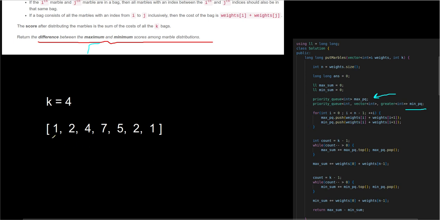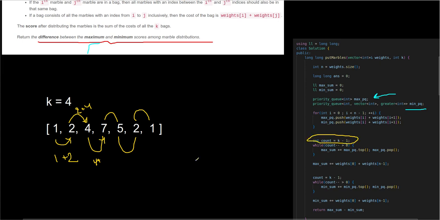We loop over the elements in the array and push all the neighbor sums: 1 plus 2, 2 plus 4, 4 plus 7, then 7 plus 5, 5 plus 2, 2 plus 1. And for the maximum score, we need to find the best, or the maximum, k minus 1 pairs.